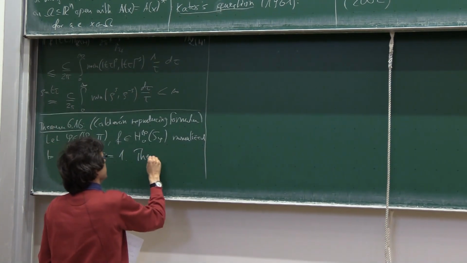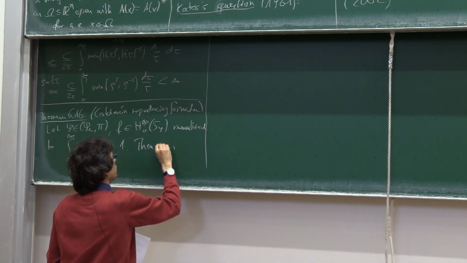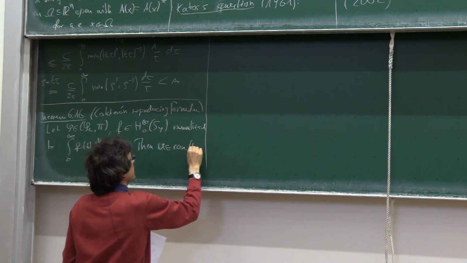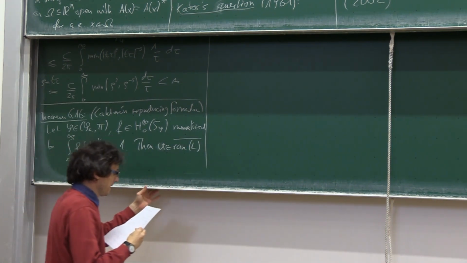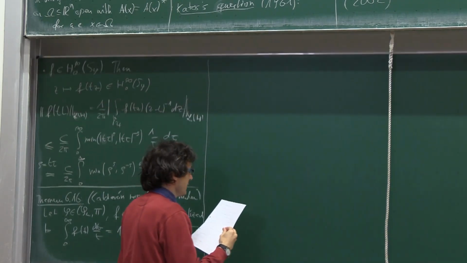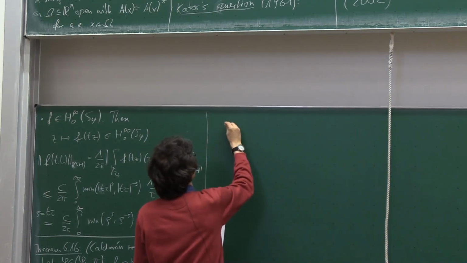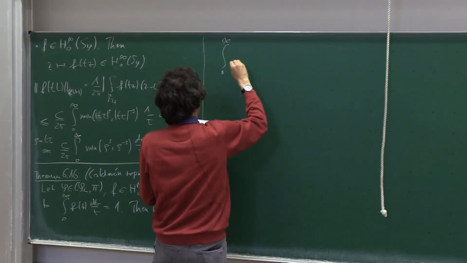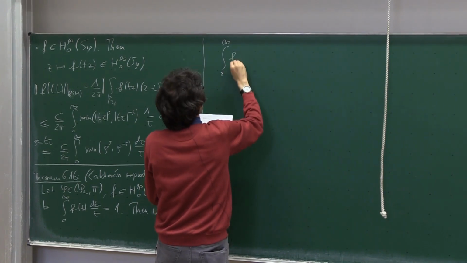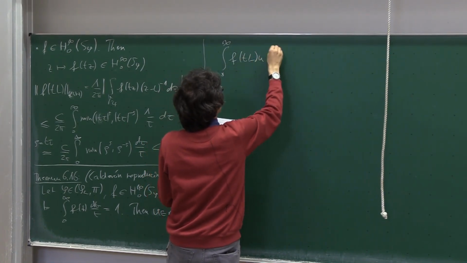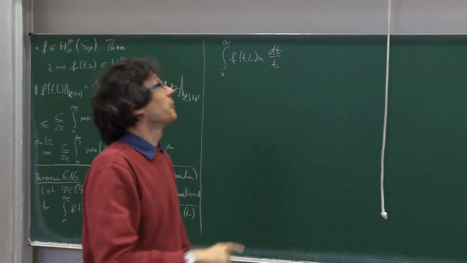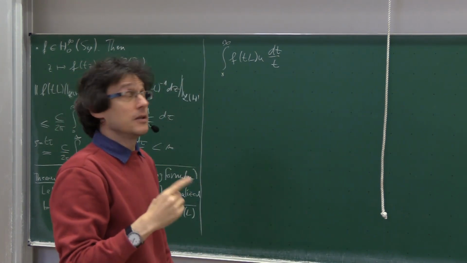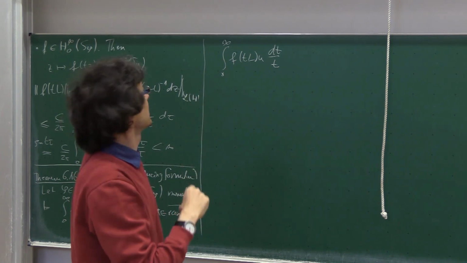And then the claim is that for all u in the closure of the range of L, you get, again, a Calderon reproducing formula. So you get the formula that the integral from 0 to infinity of f of tL u integrated with respect to Haar measure, compare with the formula for the Laplace operator. For minus the Laplace operator, it's exactly the same thing.